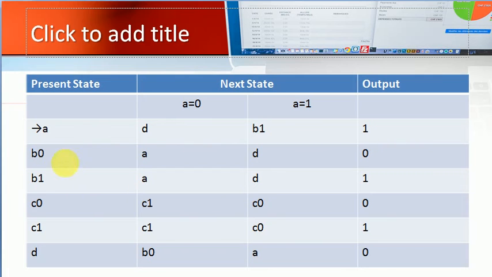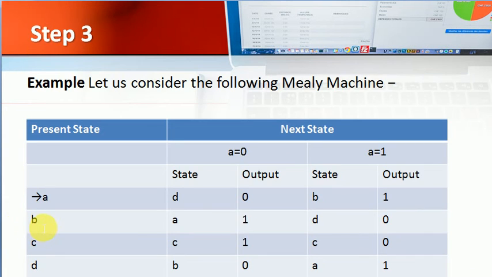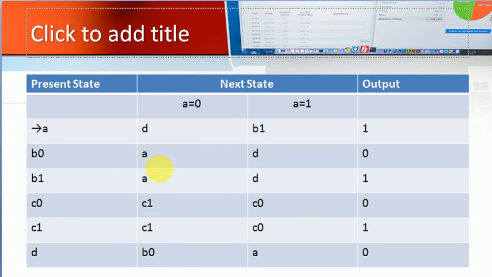Same for B0 and B1. For B, we can see on giving the input 0 on B, we will go to the state A, and on giving the input 1 on state B, we will go to the state D. So here we have written both the same, but on the state B0 we will get the output 0, and on the state B1 we will get the output 1.